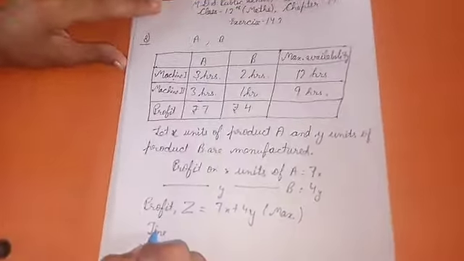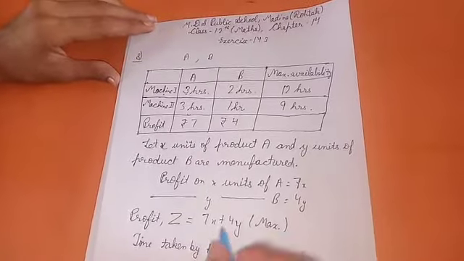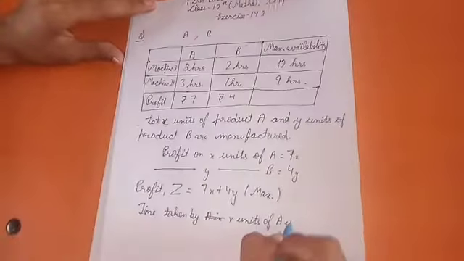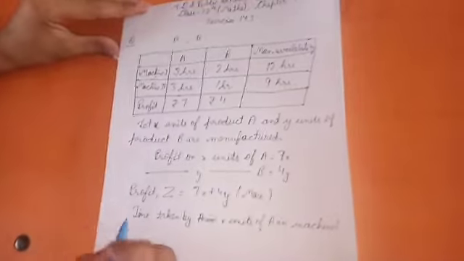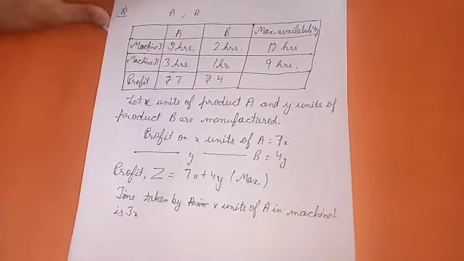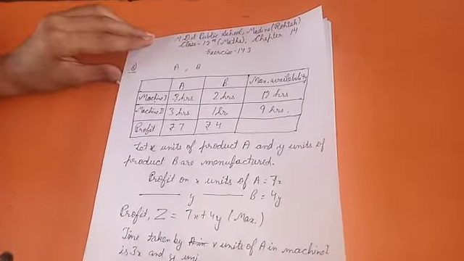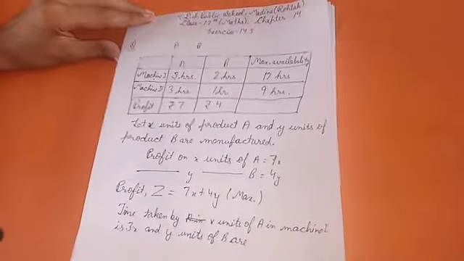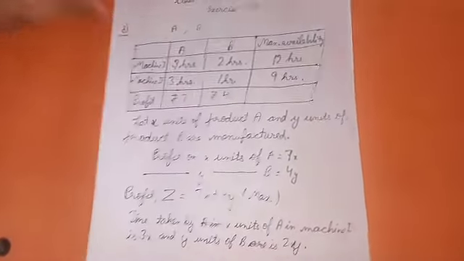The time taken by x units of A in machine 1 is 3x, because one product takes 3 hours, so x products will take 3x hours, and y units of B take 2y.